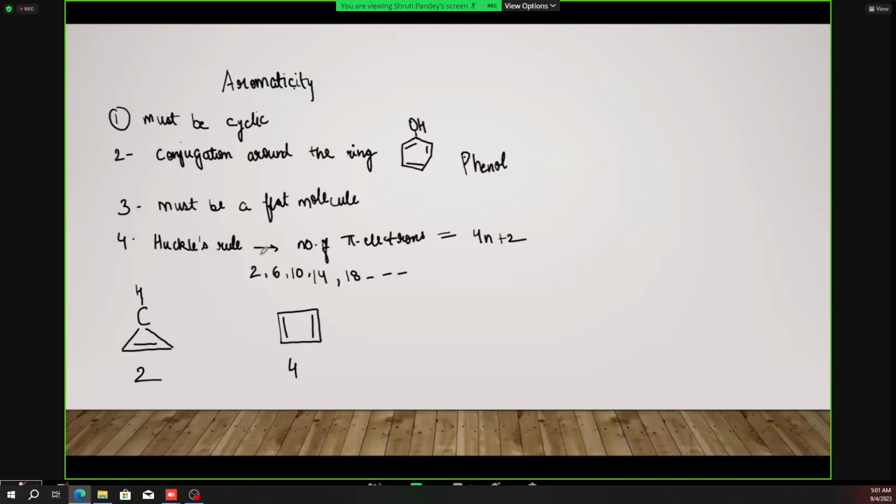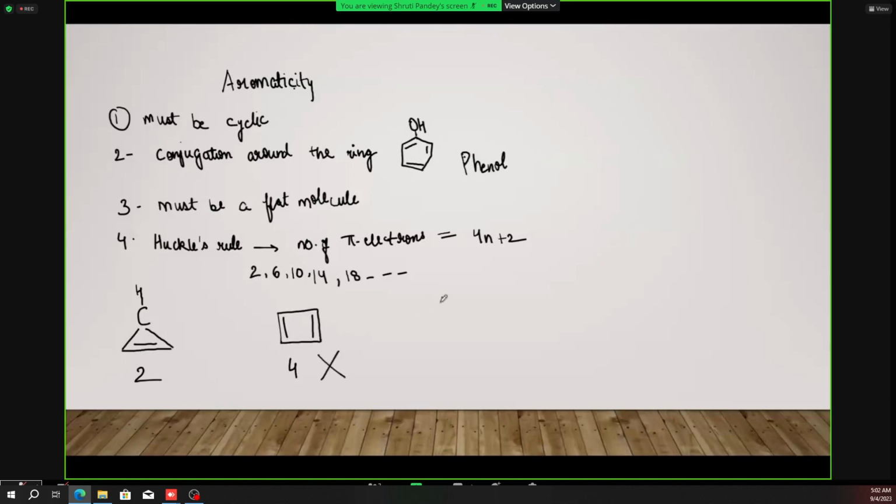That means the second criterion is also being satisfied over here, that is, the conjugation is there. But again, requirement number 4 is not satisfied, because the number of pi electrons should be 2, 6, 10, 14, 18, and 4 is not there. So this will not be regarded as an aromatic compound.